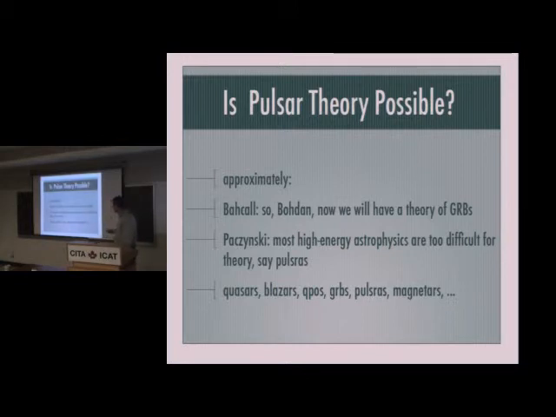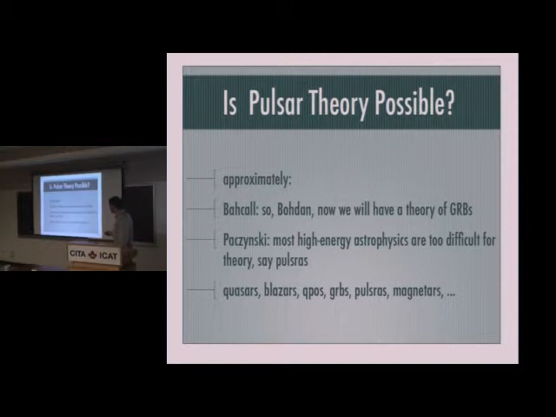To which Paczynski replied that, in fact, in most of high-energy astrophysics, the objects seem to be well too difficult for any theory. And indeed, roughly speaking, Paczynski must be right.